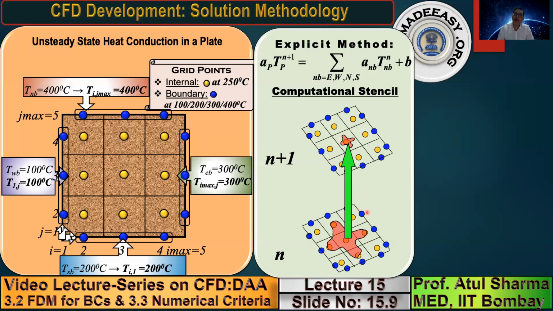In the classical book on computational fluid flow and heat transfer by Professor Patankar, he presented a very nice way of putting it. He gave a rule that in a diffusion phenomenon, all the coefficients should have the same sign. What is meant by this?